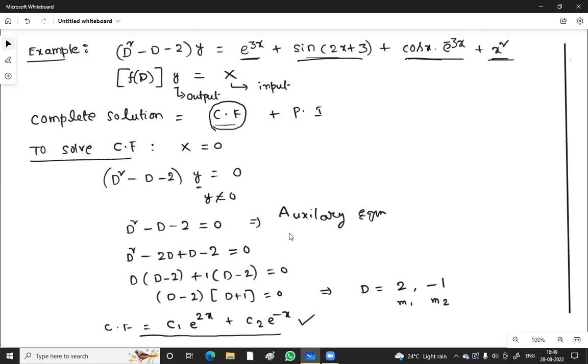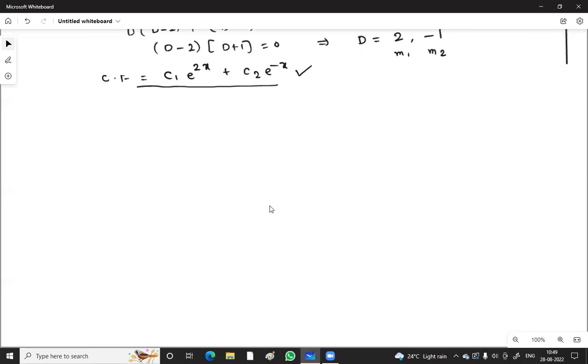So let me take case 1, e power 3x. So what is the function? Now we are going to solve the particular integral. I'm writing once again this function: d square minus d minus 2 operating on y is equal to e to the power 3x.